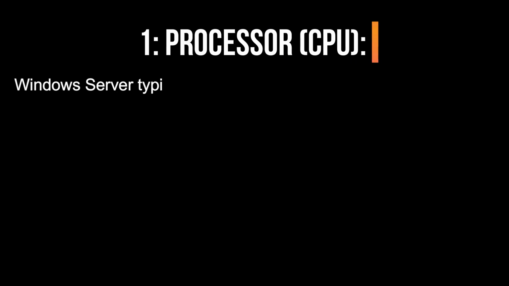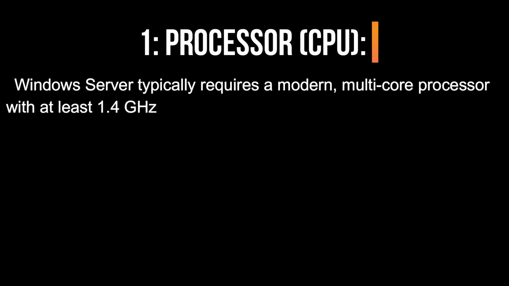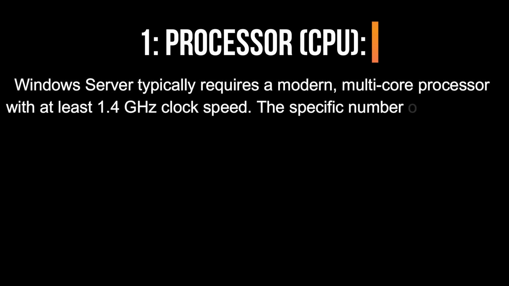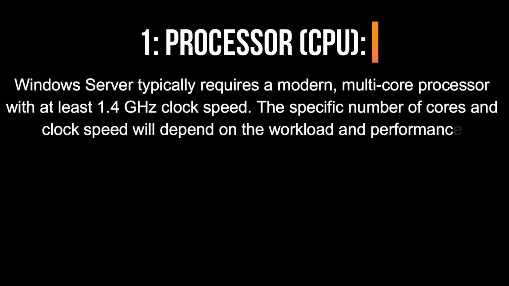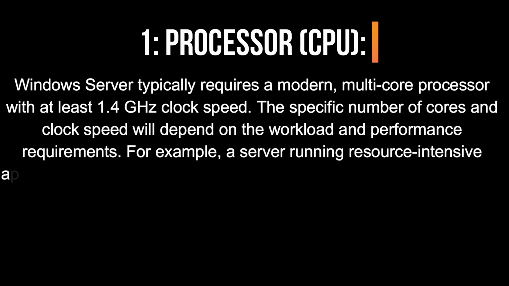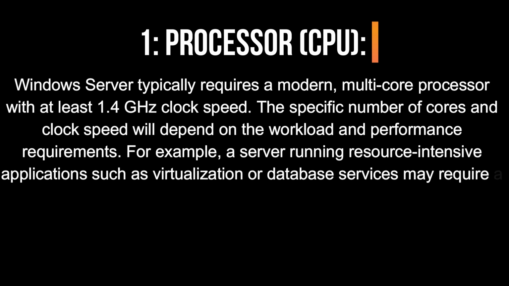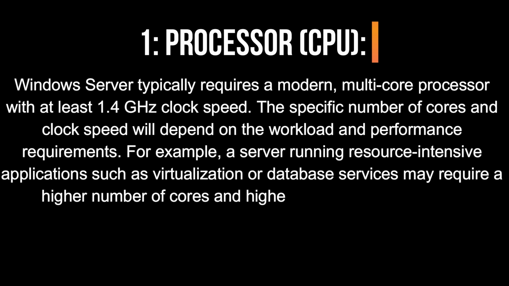Windows Server typically requires a modern, multi-core processor with at least 1.4 GHz clock speed. The specific number of cores and clock speed will depend on the workload and performance requirements. For example, a server running resource-intensive applications such as virtualization or database services may require a higher number of cores and higher clock speed for optimal performance.